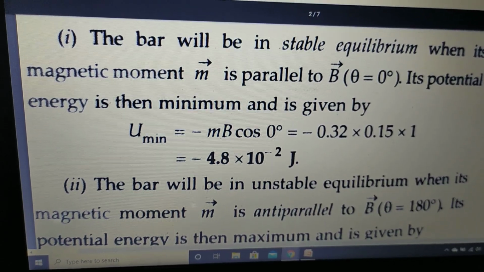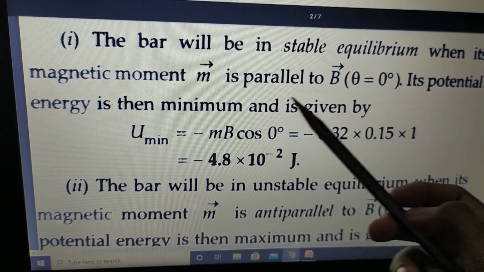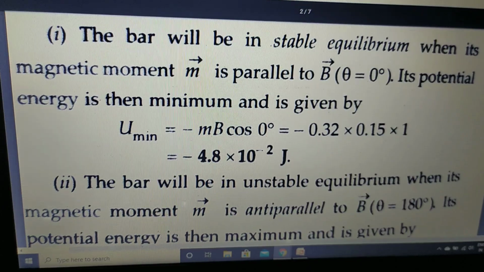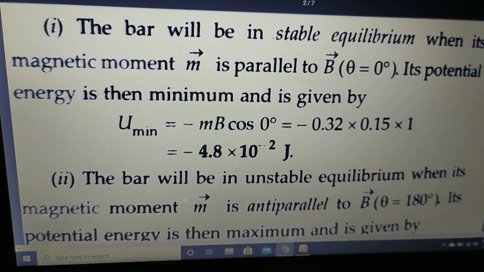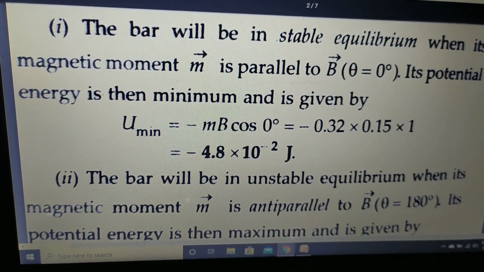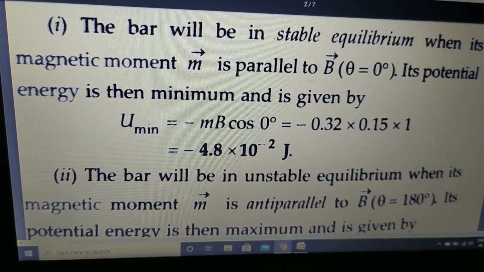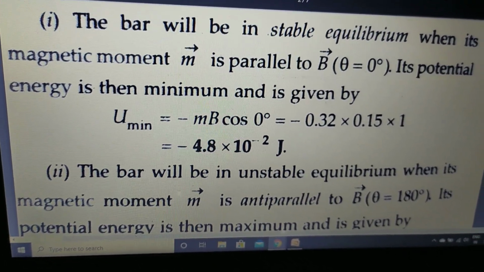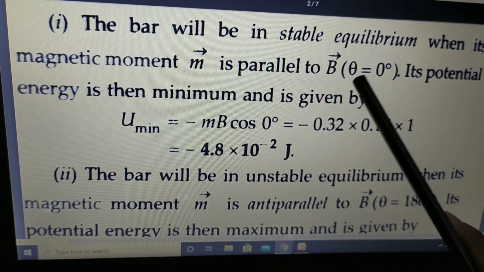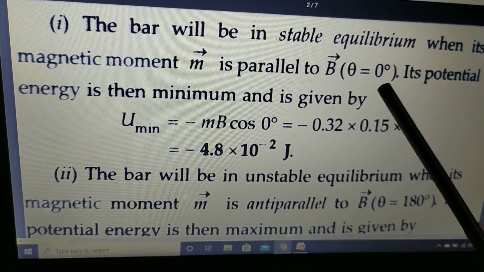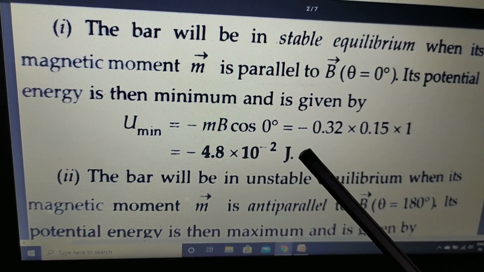So the angle theta between them is equal to 0 degrees. We are already aware of the formula for the potential energy, which is minus mB cos theta. Here theta is 0 degrees, and cos 0 is always equal to 1.